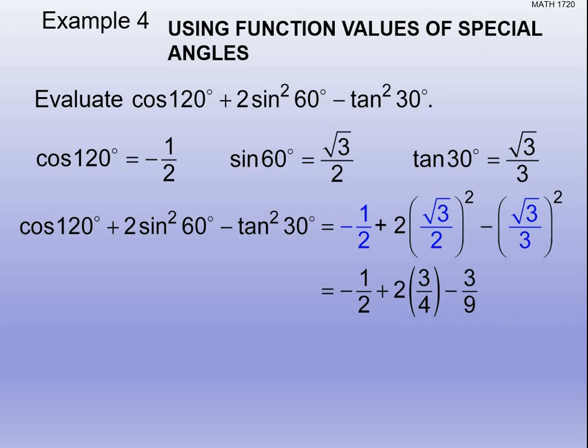Now, try to do these in your head. It's a little harder. We have to find a common denominator and solve some algebra. I know you're used to putting this in your calculator and getting an equivalent decimal, but it's a little bit hard. I'll go step by step in class on how to solve the fractions if you need help and don't understand how we combine the fractions here.